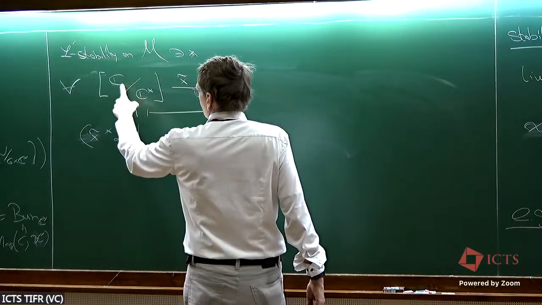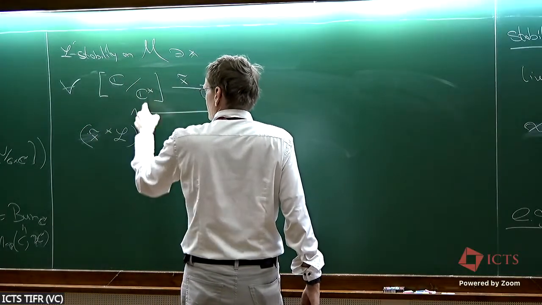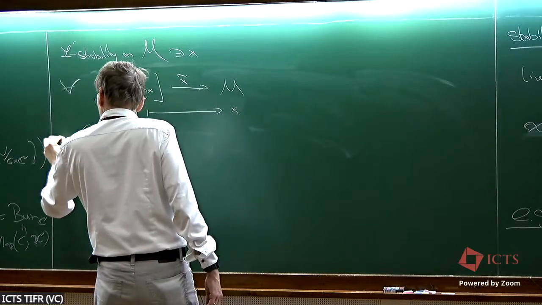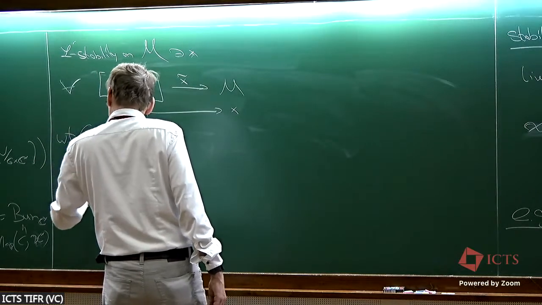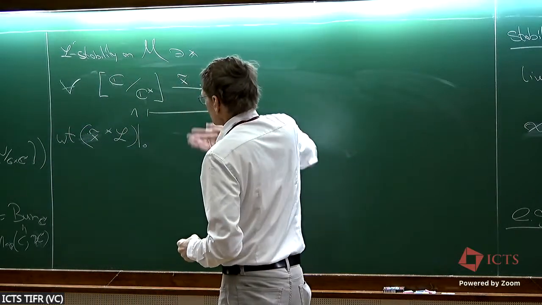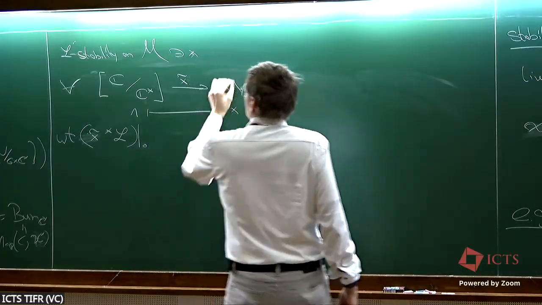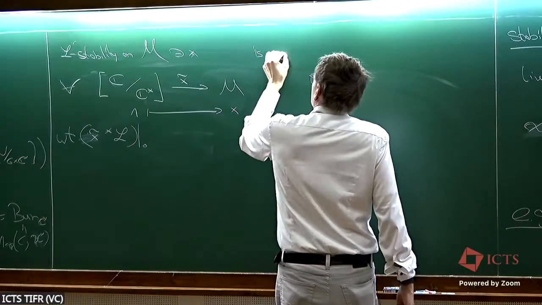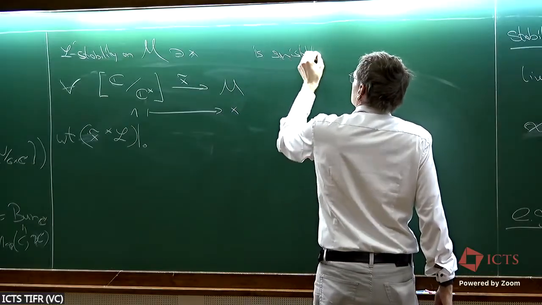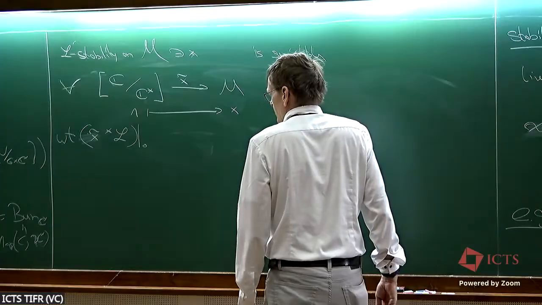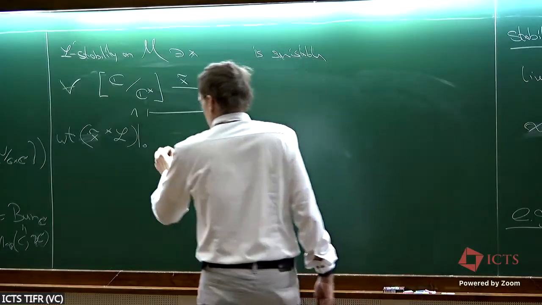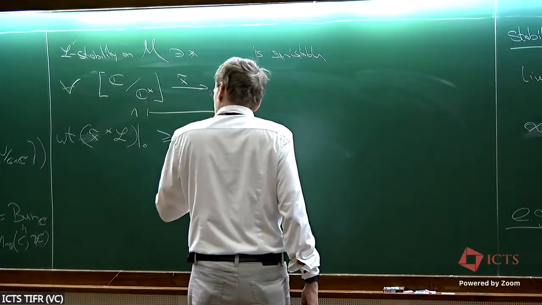The zero fiber is a line bundle on point mod C star, so I can take the weight. It's just a line with a C star action. And I want this weight to be always bigger than or equal to 0, so that X is semi-stable.